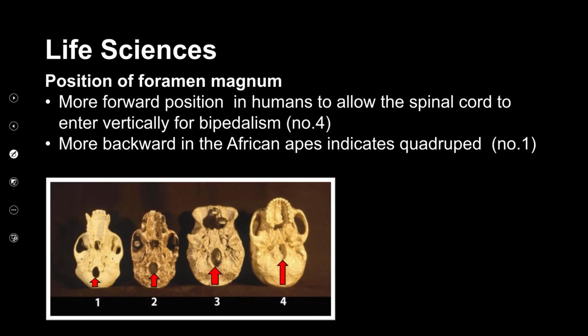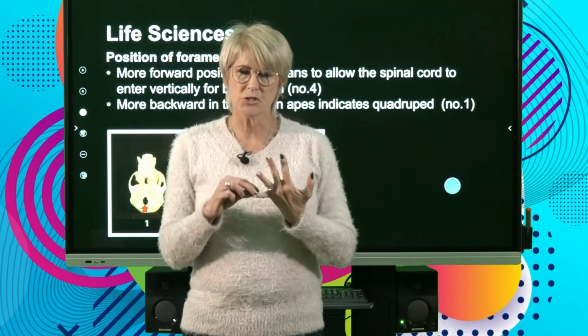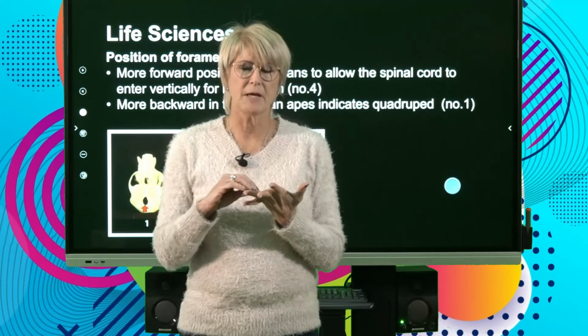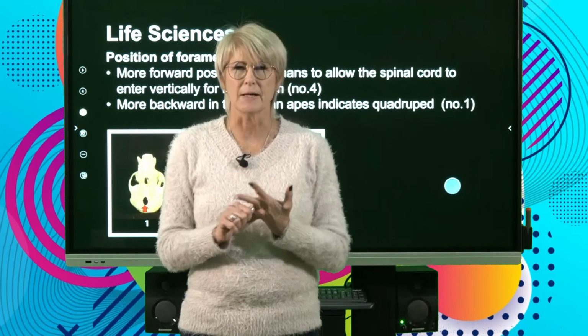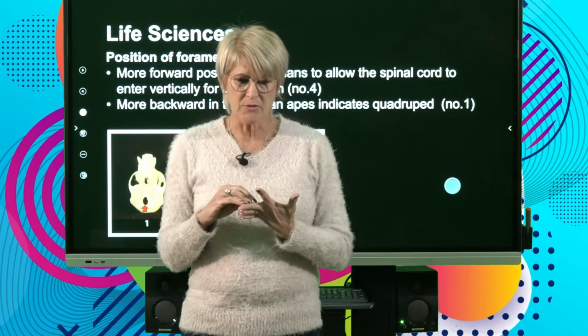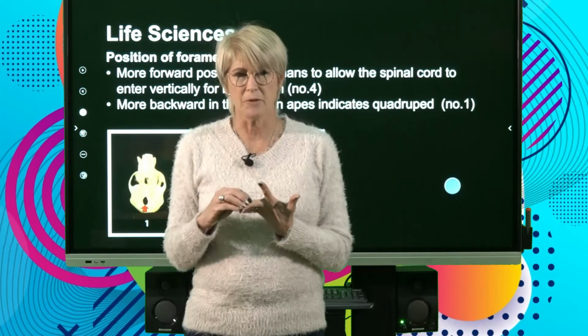All right, so there are specific characteristics that we look at, and it's important to know these. The first one is the position of the foramen magnum. The second characteristic is the shape of the spine. The third is the size and the shape of the pelvis.